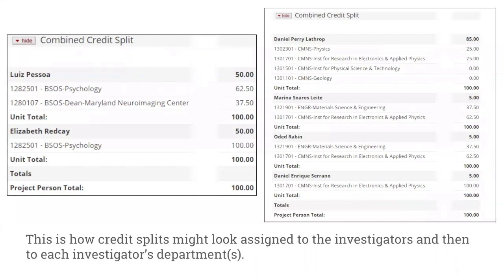But he chose to assign 0% of his credit to this unit. Obviously, units that are not included would not even be listed on the report. And so at Maryland, the 0% means something. And this information, again, the departments along with the investigators determine who gets credit and to what amount.